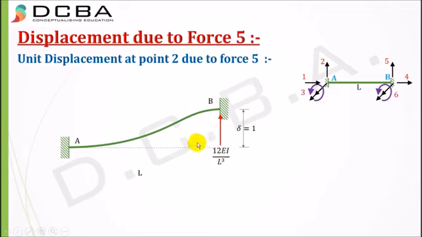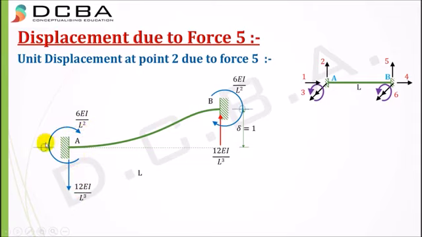This is similar to the forces that we have done here. Now everything is similar to the forces here, except the direction of the reactions will now change. 6EI/L² formed here, which is clockwise. 6EI/L² formed here again clockwise, and 12EI/L³ downwards, and no actual reactions.